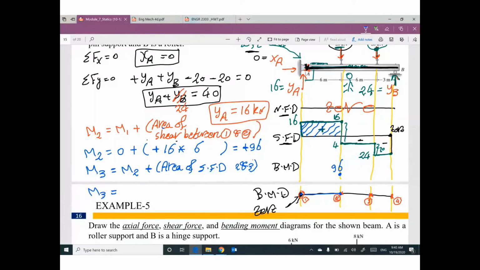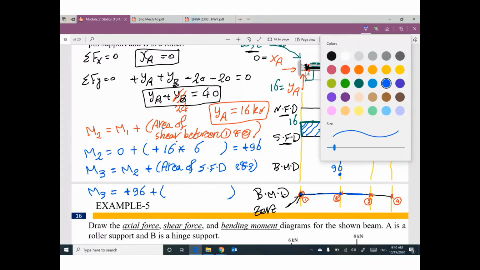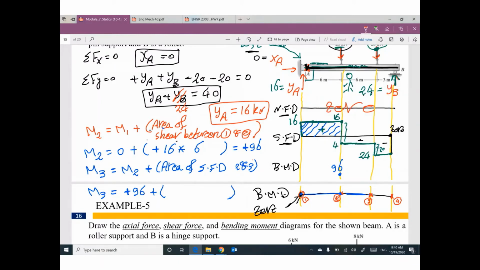The previous value is positive 96 plus, between 2 and 3, we have a negative shear force diagram. Can you tell me what is the area of this diagram?